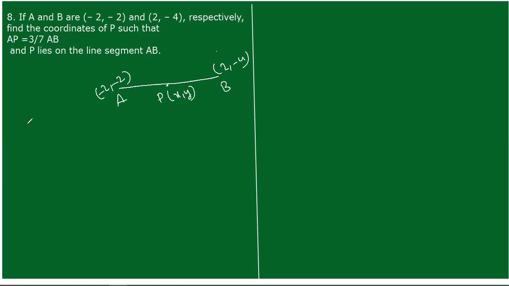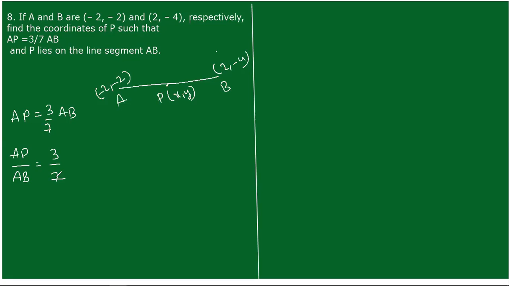He gave that AP is equal to 3 by 7 AB. So what we have to do is take this AB to here: AP by AB is equal to 3 by 7.